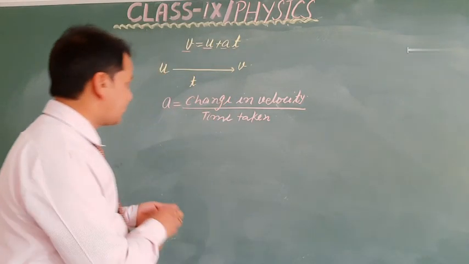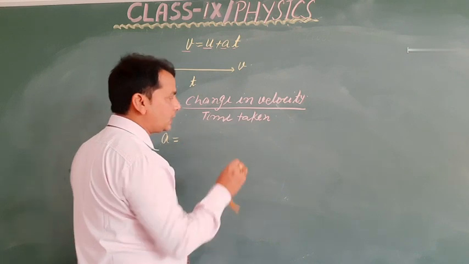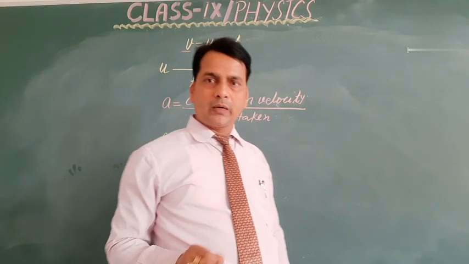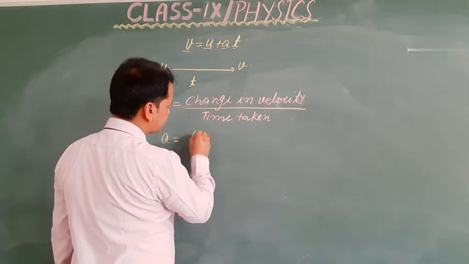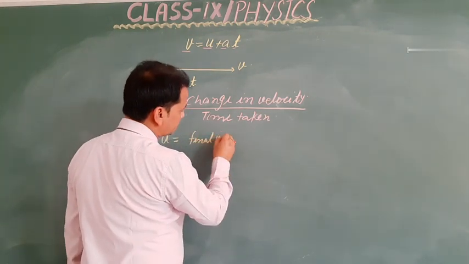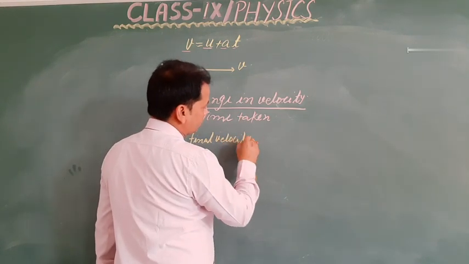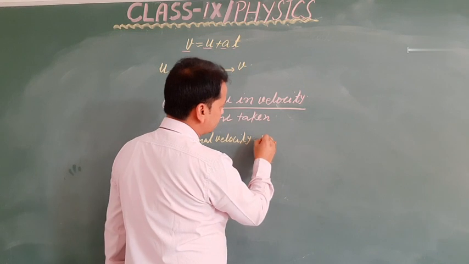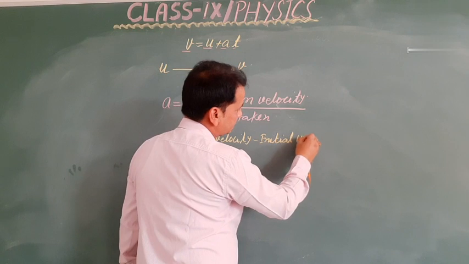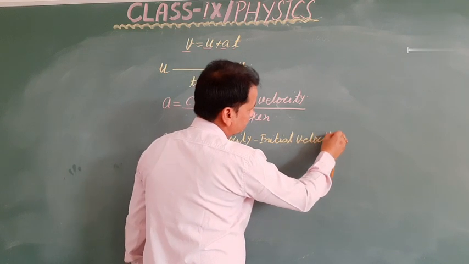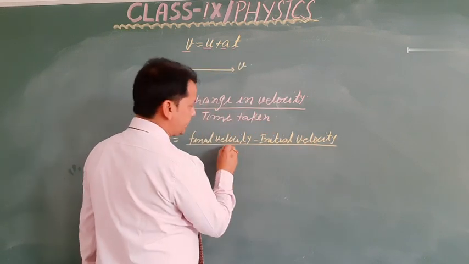So the change in velocity is the final velocity minus the initial velocity, by time taken.